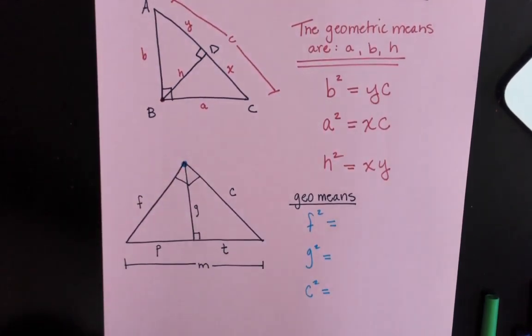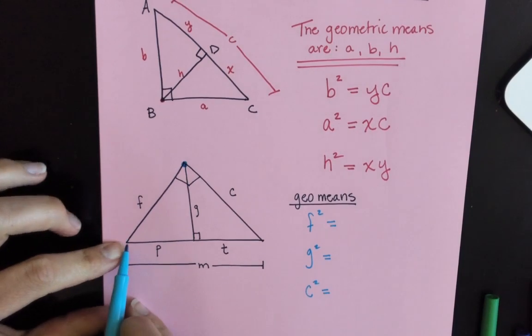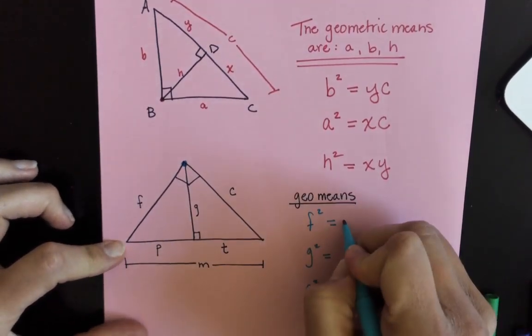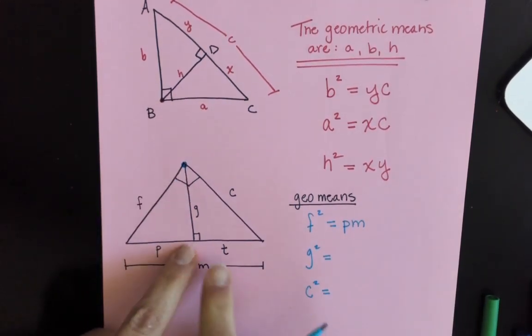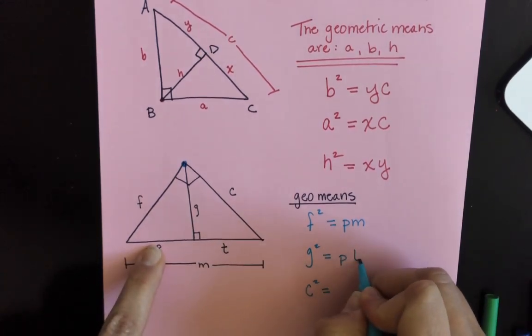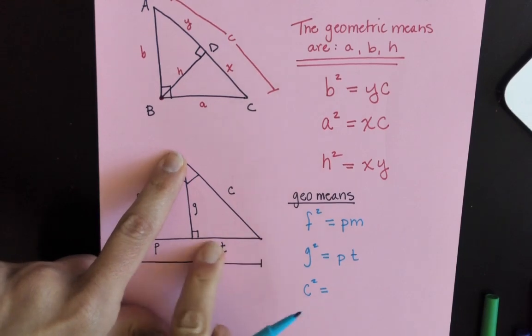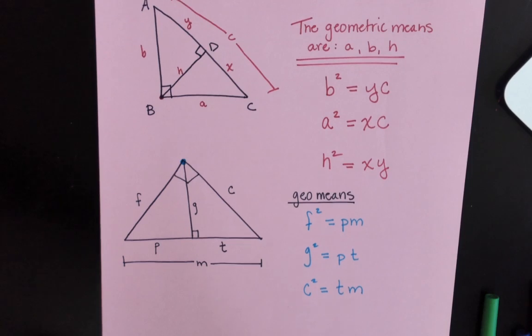Again, we've already done the proportion part. We're cutting to the chase now. So F squared, its adjacent part would be P. The whole hypotenuse would be M. G has the two parts. That's P and T. And C's adjacent part is T, and the whole hypotenuse is M.